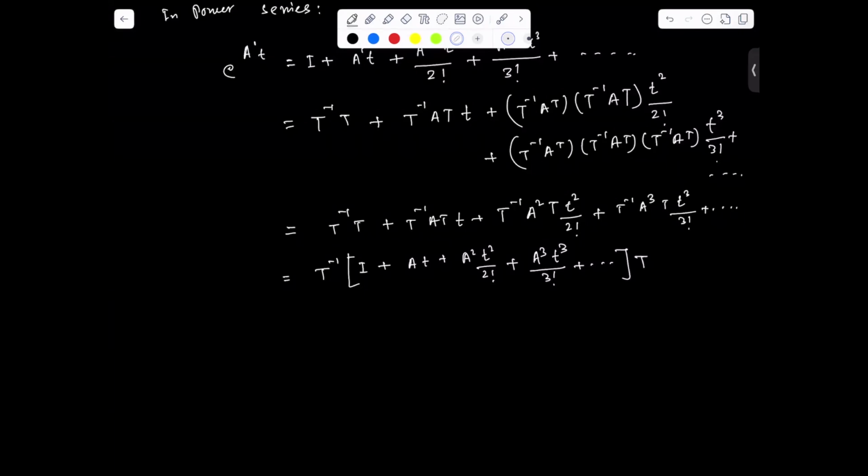So now from this we can easily write e to the power A dash t equal to T inverse e to the power At T. This term we already had, so here it is nothing but e to the At.